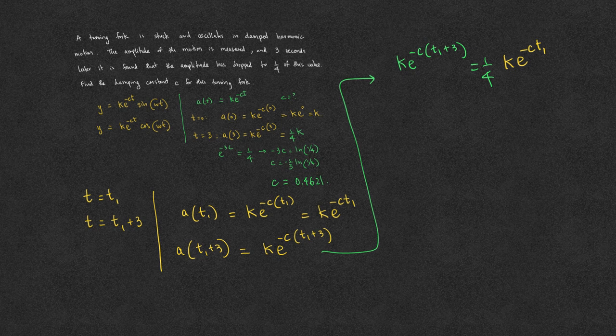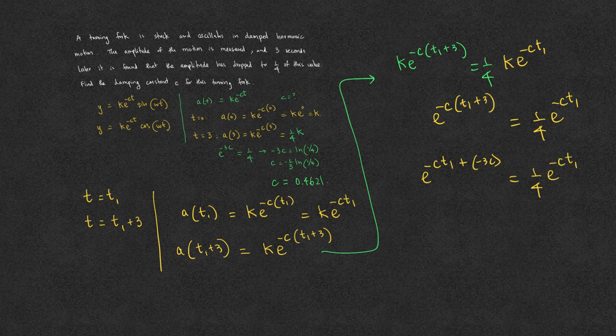The k cancels out, so we end up with e to the negative c times t1 plus 3 equals 1/4 e to the negative c t1. And using the law of exponents, we have e to the negative c t1 plus negative 3c equals 1 over 4 e to the negative c t1.